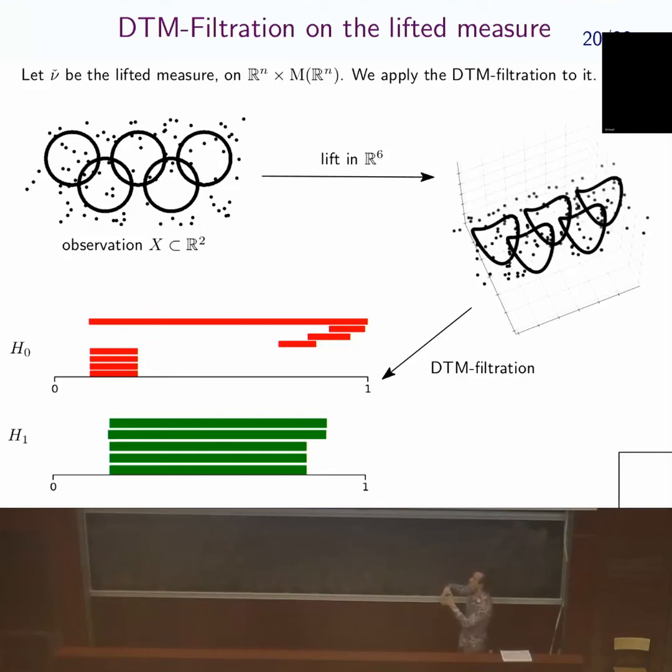I consider the empirical measure on it, I lift the measure into the lift space, and I consider a DTM filtration. As you can see here, at the beginning, I have 5 red bars and 5 green bars. That is, I observe 5 circles, right? And 5 circles are exactly the abstract manifold that underlies the Olympic rings.